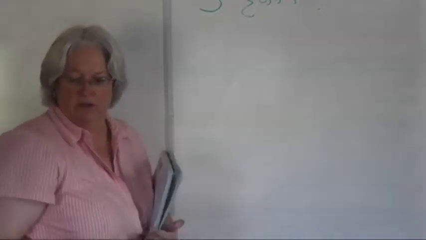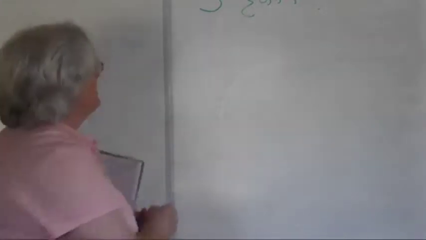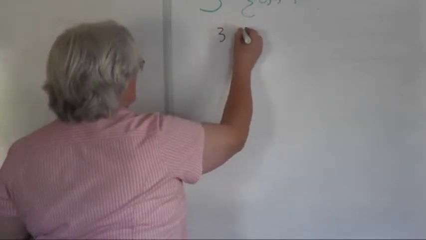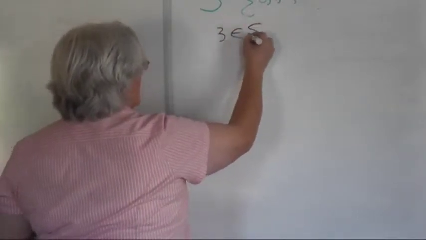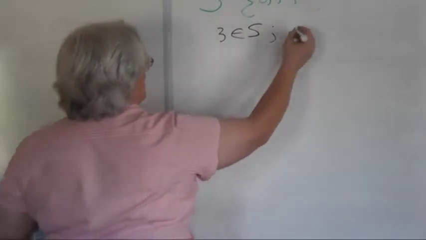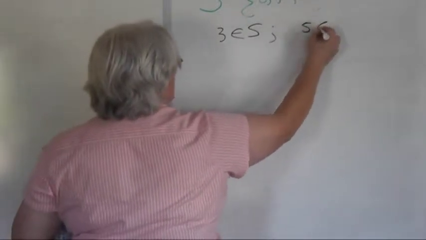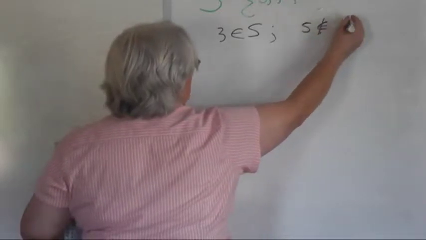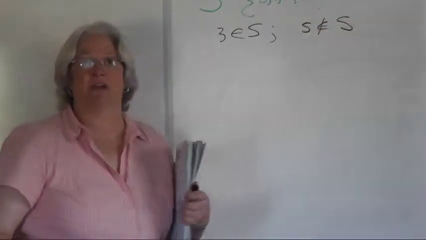And if we were to use element, we would know that 3 is an element of set S. We would also know that 5 is not an element of set S.